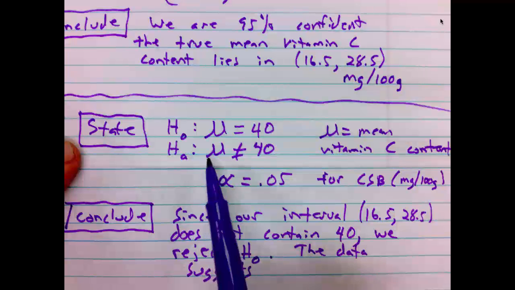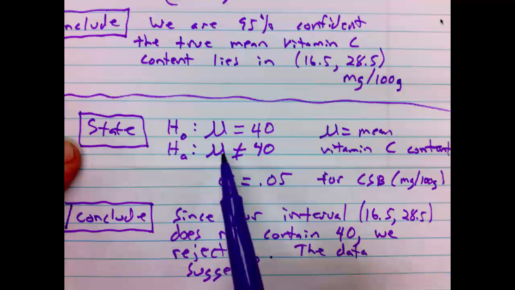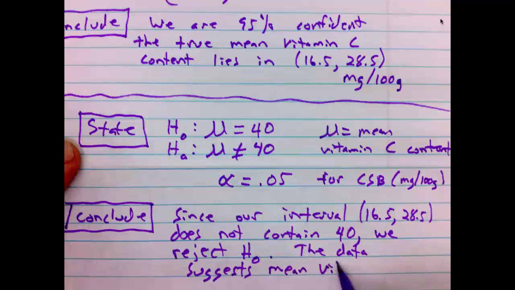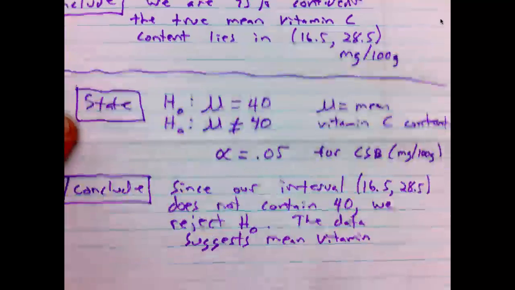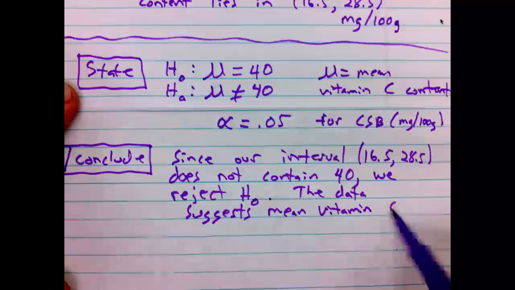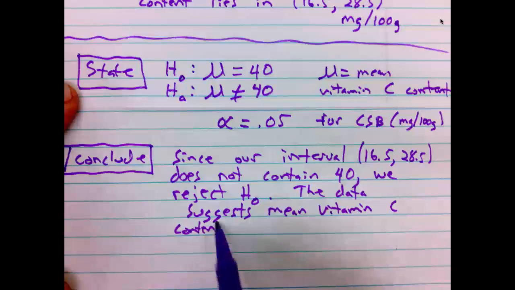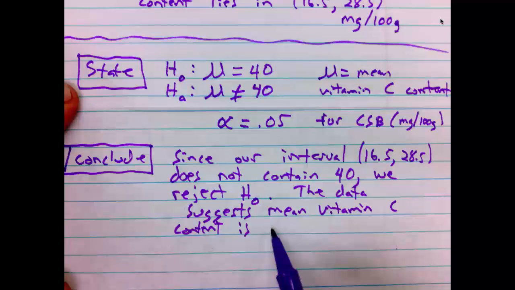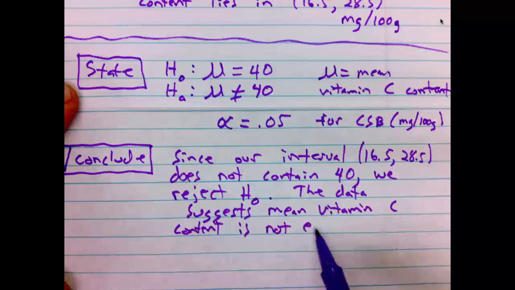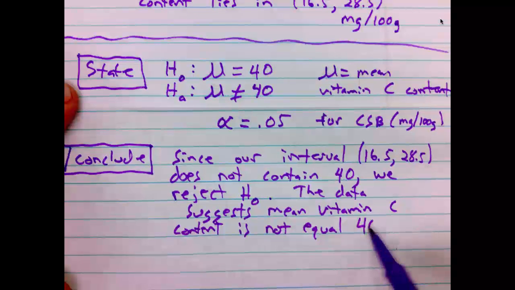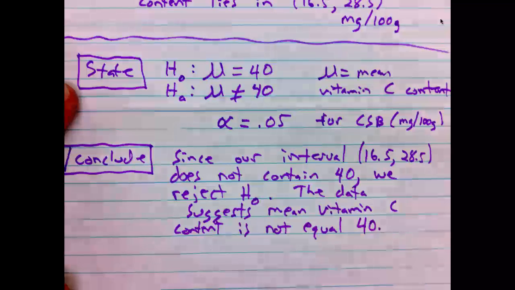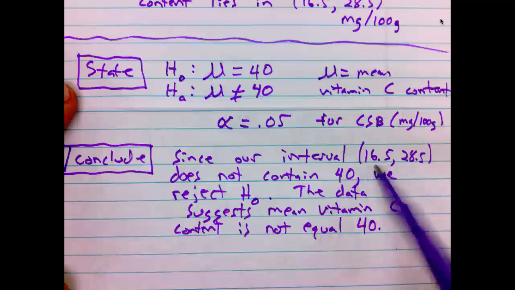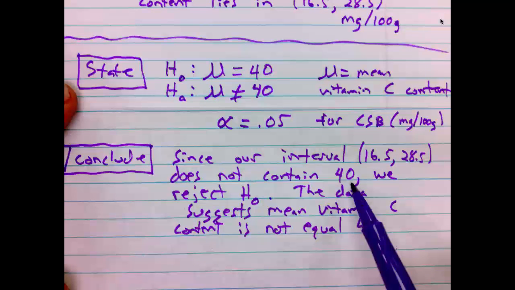I'm just going to replace this HA statement with the context. The data suggests mu, which is mean. The data suggests the mean vitamin C content is not equal to 40, and the interval is very compelling about that. We're nowhere near 40. We're from 16.5 to 28.5. So our data definitely suggests the mean is not 40.